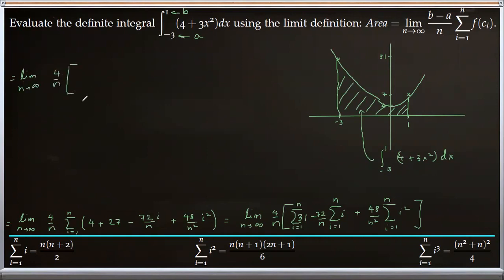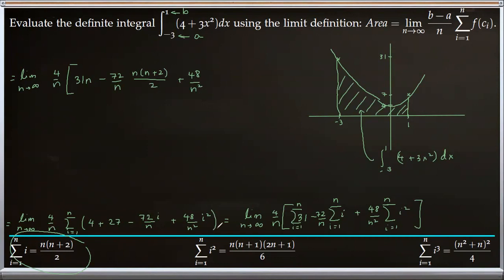Then we have sum of 31, so 31n minus 72 by n is over there, and sum i is n times n plus 1 by 2 using this formula, plus 48 by n squared.